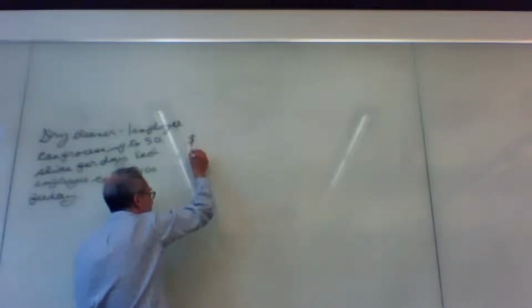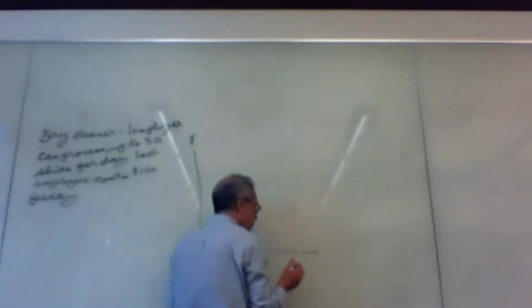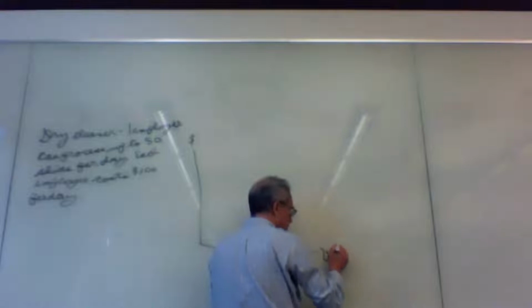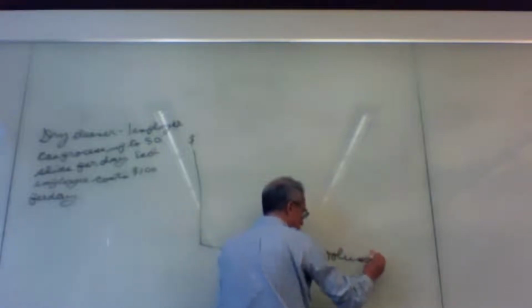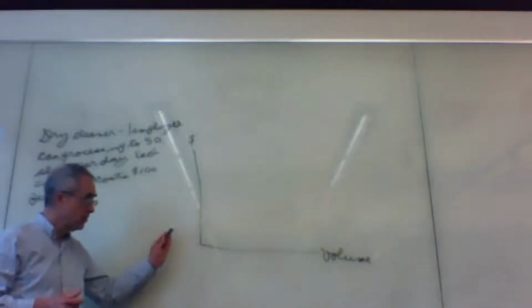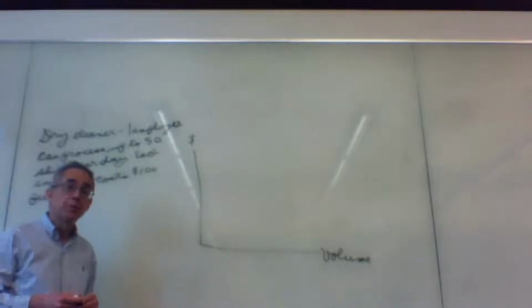So what would things look like? We're doing this graph per day. As always, dollars and volume. Volume would be number of shirts.